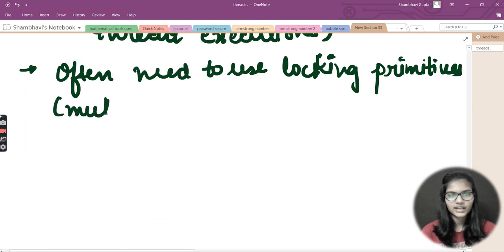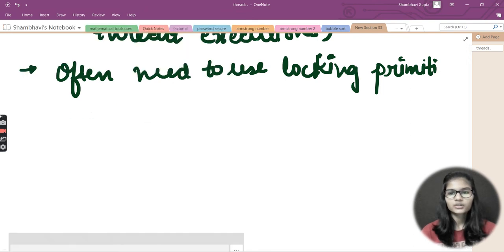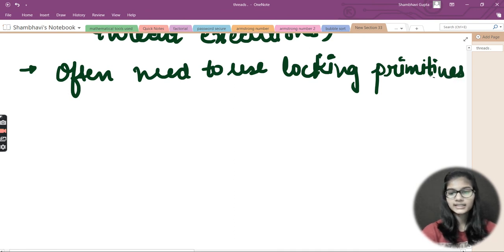Let me close this out. That is basically mutual exclusion locks, and let's not add that here for now. So threads often need to use locking primitives. Okay, these are the three things which come under synchronization, and that creates a problem while using threads, right?